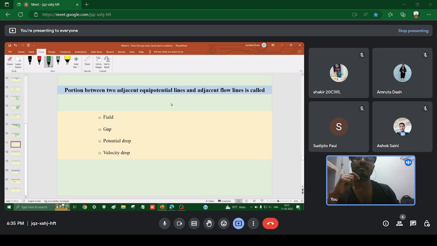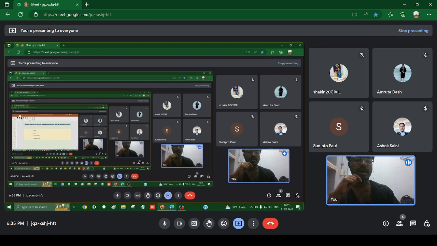The portion between two adjacent equipotential lines and adjacent flow lines is called what? Any answer? Again, if you know the answer, write in the chat box fast.